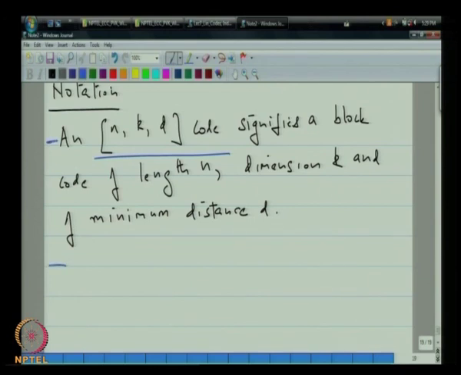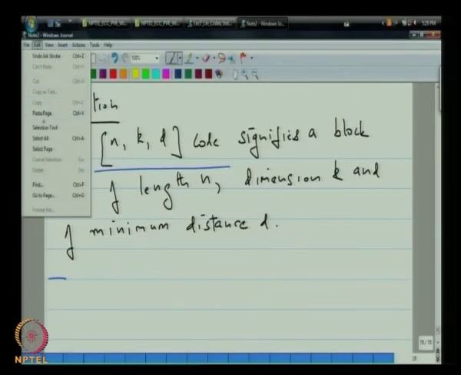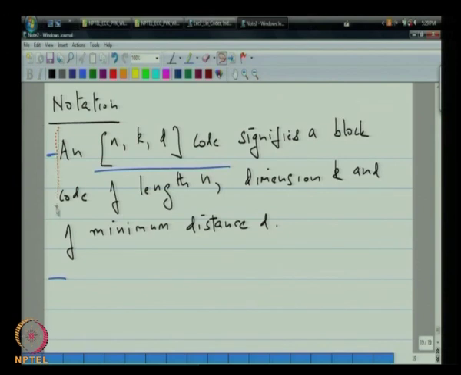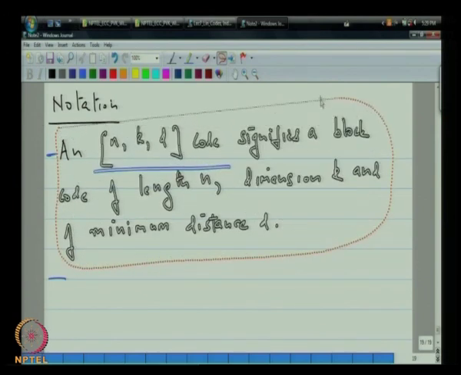2. Sometimes it may be that we do not know the minimum distance of the code, in which case we will simply write an [n, k] code. Let us make that note as well.